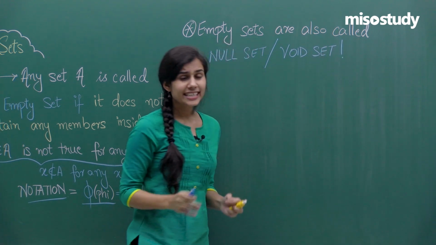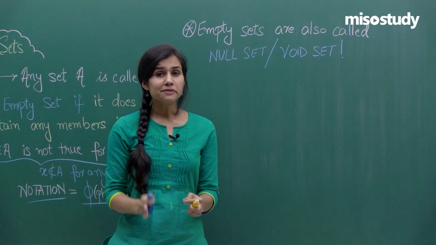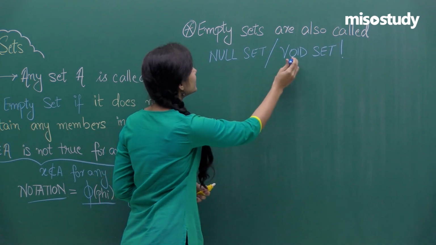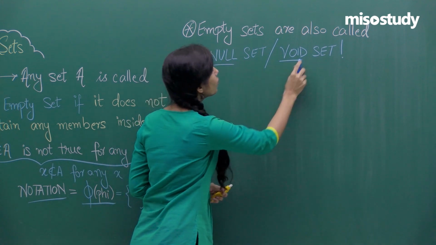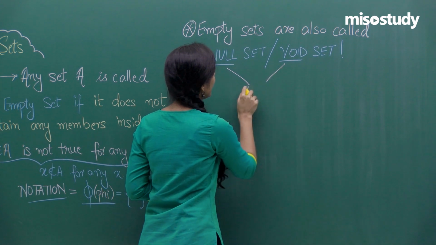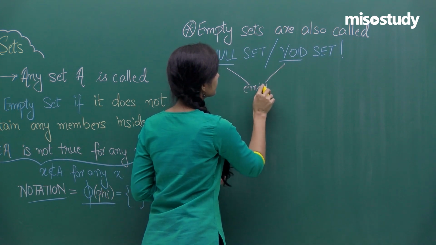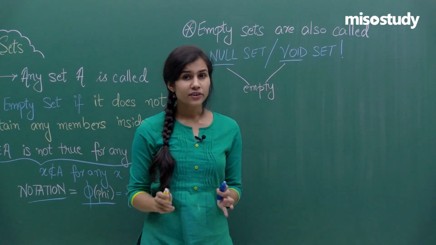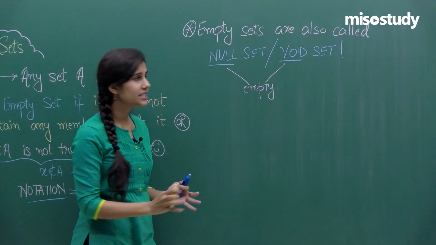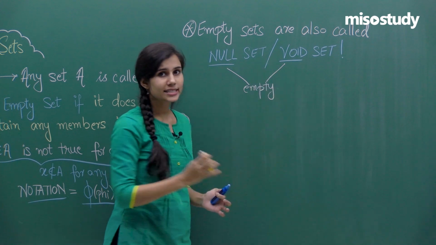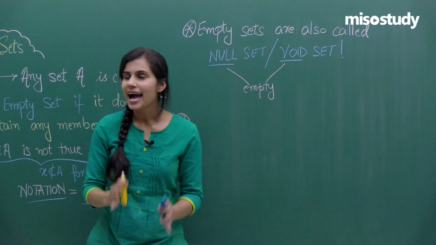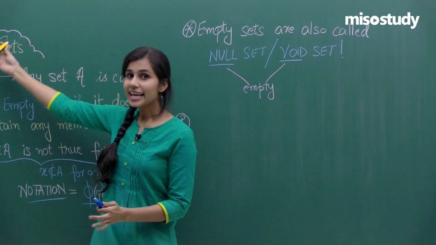The fact that these sets are empty gives them synonymous names which are null and void. Both null and void basically in English language mean empty only. And so whenever in your papers or in your books, if you find rather than empty, you find null set or void set written, don't panic, because it is the same as the empty set.